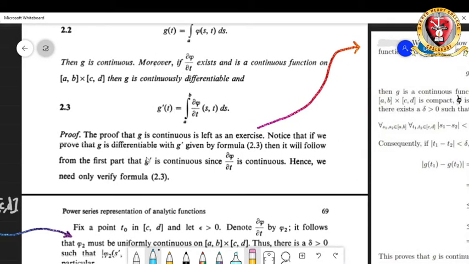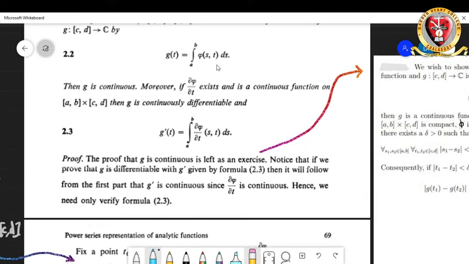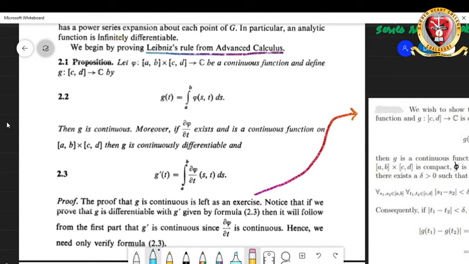Now we have to prove that g is differentiable with g dash given by this formula. If we prove that, then from the first part, if phi is a continuous function, g of t will be continuous.